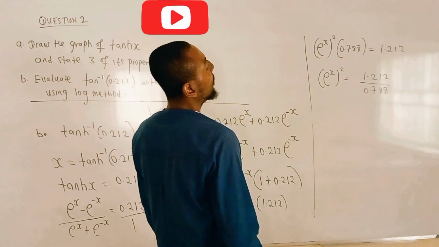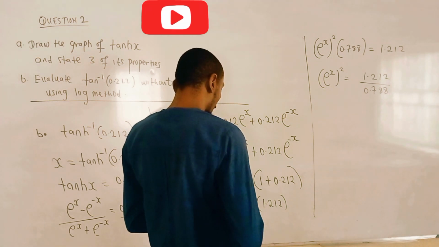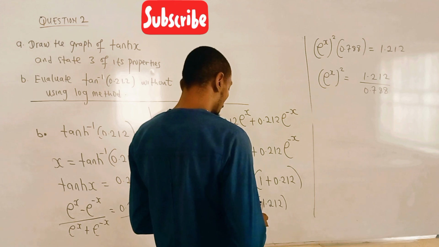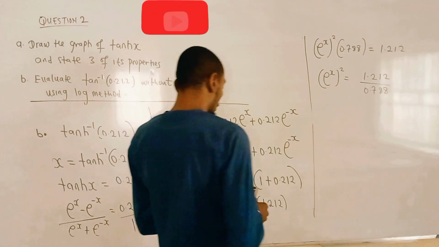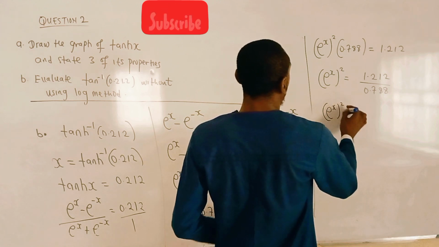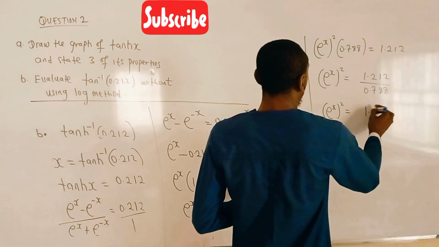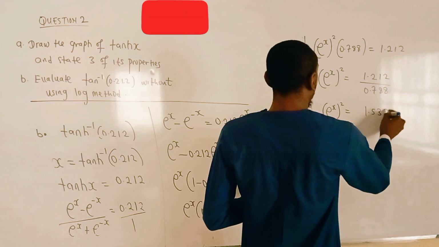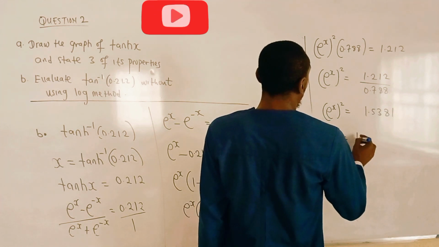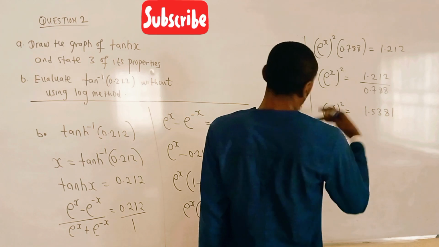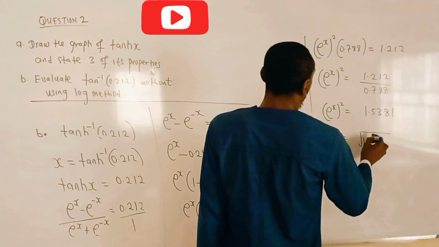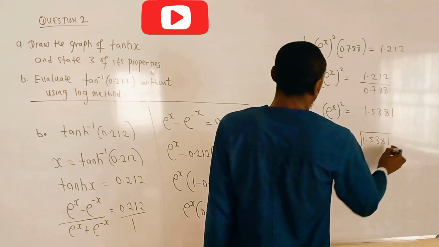Okay, so 1.212 divided by 0.788. Of course, will give us exponential x all squared is equal to 1.5381. So that exponential x will be equal to plus or minus. Of course, we might just take the positive value. We have the square root of 1.5381.